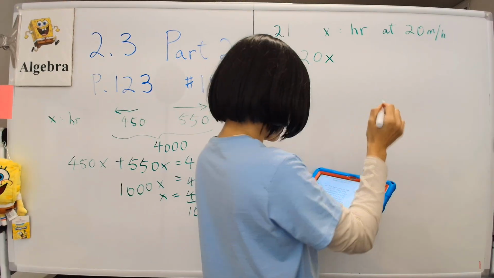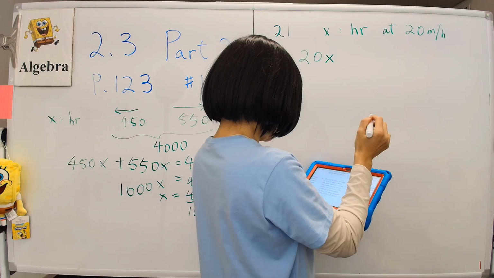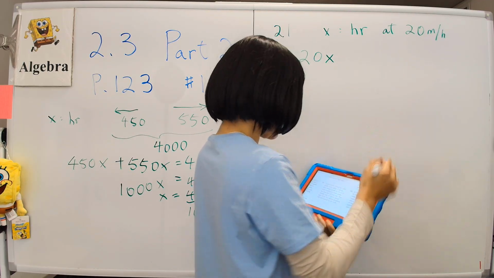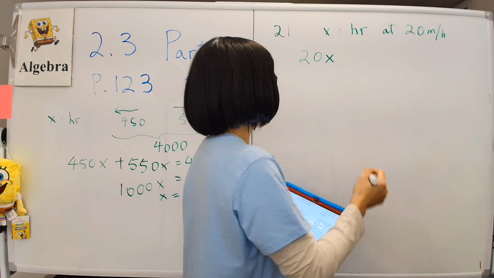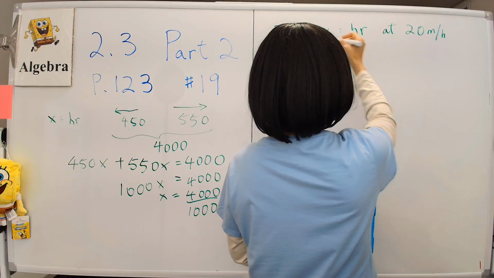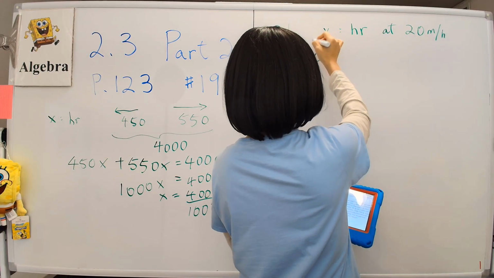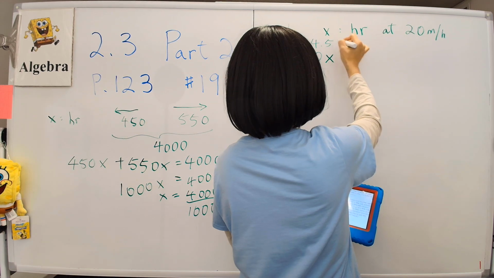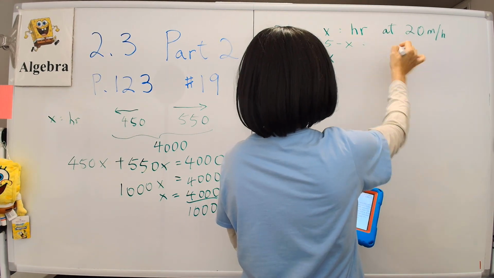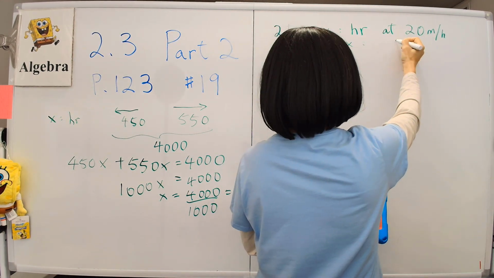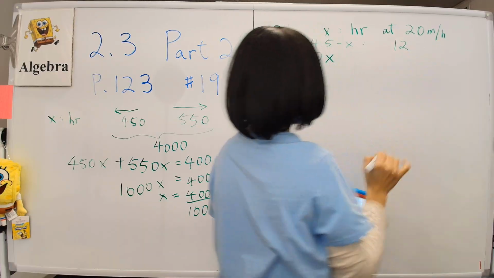Then she slowed down to 12 miles an hour, and her entire trip took 4.5 hours. So the amount of time she traveled at the lesser speed will be 4.5 minus x hours, traveled at 12 miles per hour.